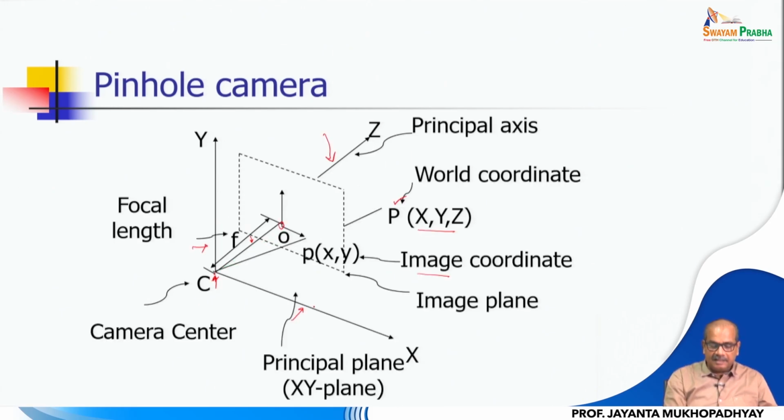And then the axes defined in the image plane, those x and y axes, are also parallel to the principal axis x and principal axis y of the three-dimensional coordinate system.